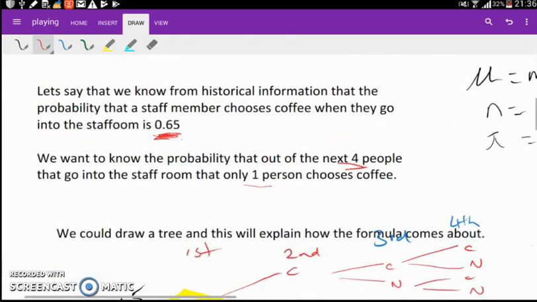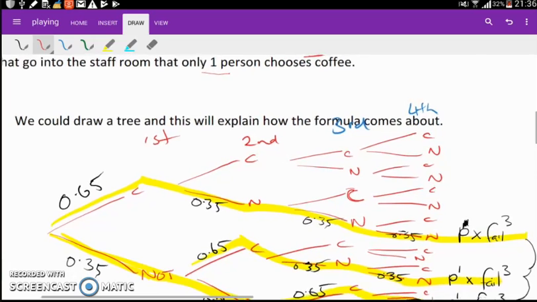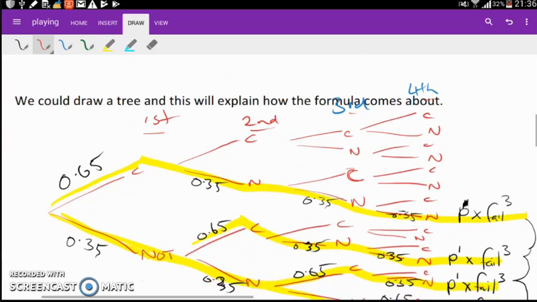So if we draw a probability tree, now we know a coffee drinker is 0.65, not a coffee drinker, it's going to be 0.35. Now if we've got first, second, third, fourth trial, we can see that out of 4 people, exactly 1 gets coffee. So the first gets coffee and the other 3 do not. So following the yellow highlight.